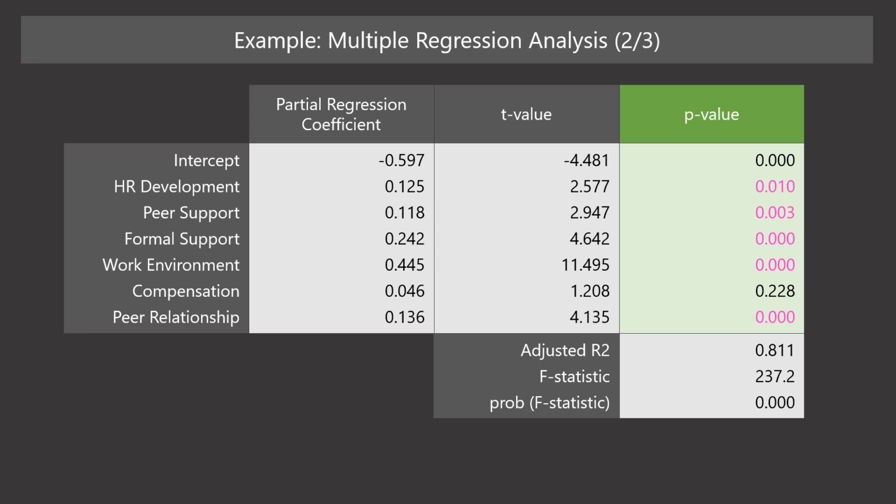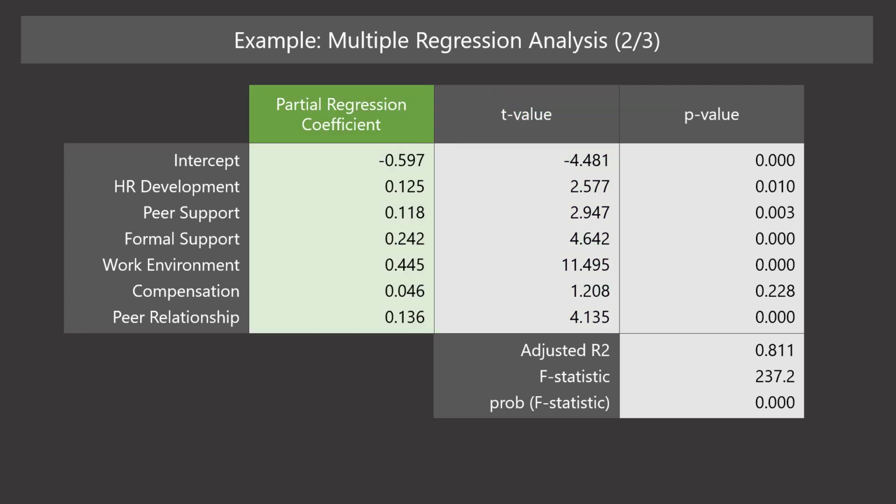Except for compensation, all the independent variables have significant effects. The p-values are computed based on the t-values, so t-values are also important. But the p-values are more intuitively understandable, so it is better for us to focus on the p-values to check the statistical significance.